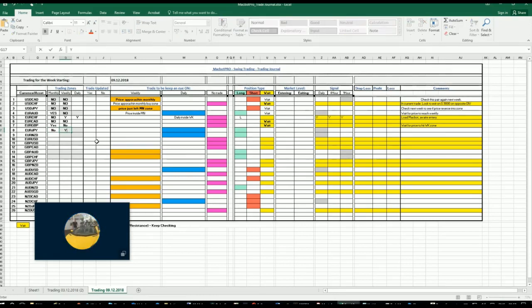Say yes here. Yes, daily inside weekly. So looking for a long trade, you need to fill in daily inside weekly.